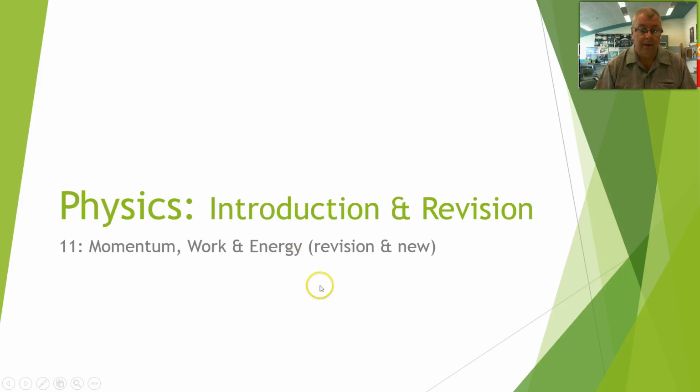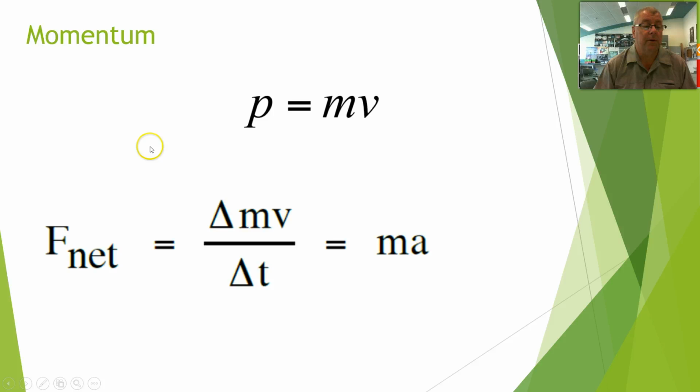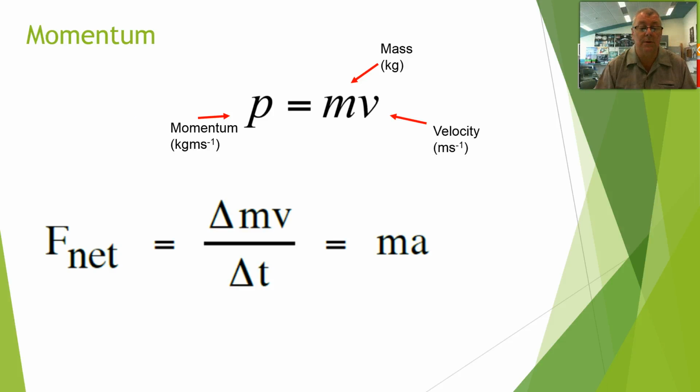Alright? Now, so in momentum we have exactly the same formula we used last year for momentum, p equals mv, where momentum is in kilograms meters per second because the mass is in kilograms and the velocity is in meters per second.